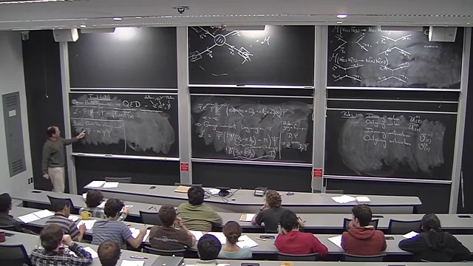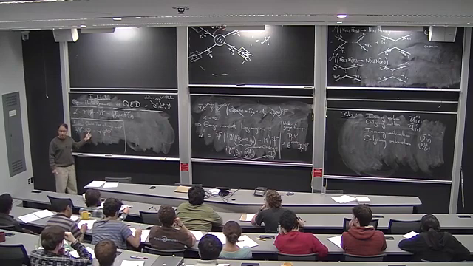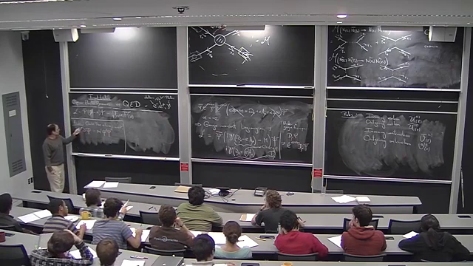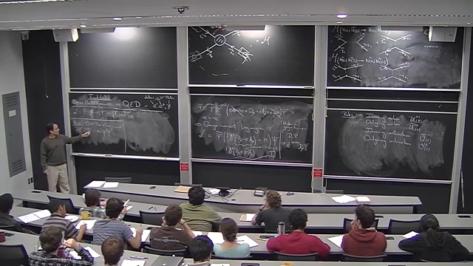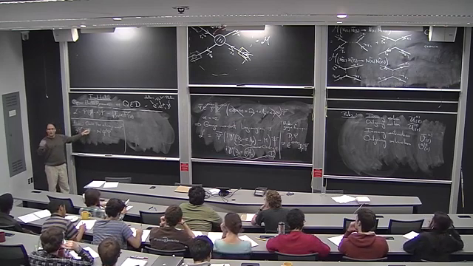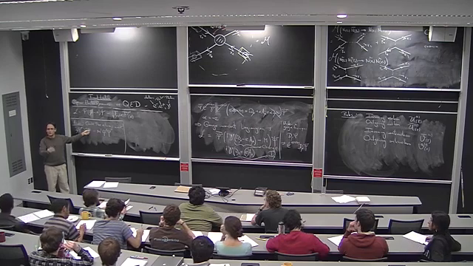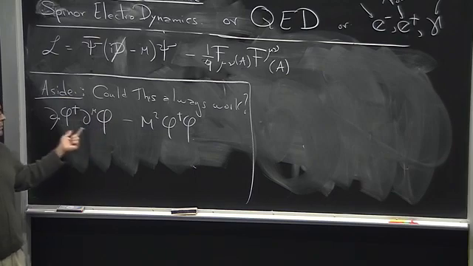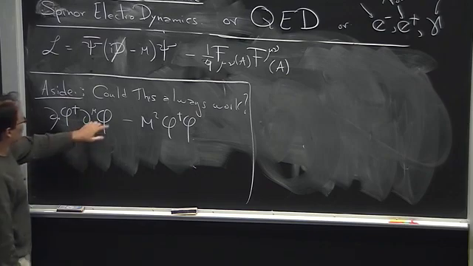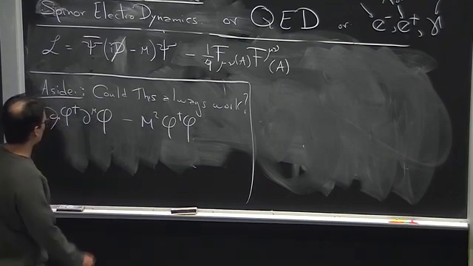Could we just use this idea of making everything covariant and just get it to work? Well, this derivative is acting on this field, and this derivative is acting on this field. Now, what are the relative charges under the U1 global symmetry that this theory has? What kind of charge does this guy have with respect to this one? Do they have the same charge? No. One of them is the negative of the other one.